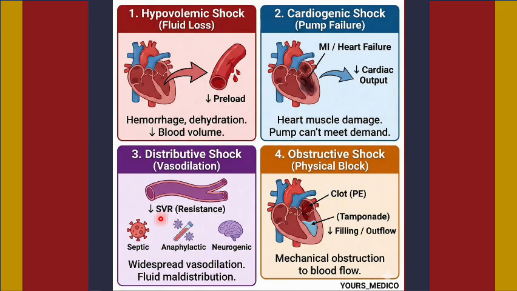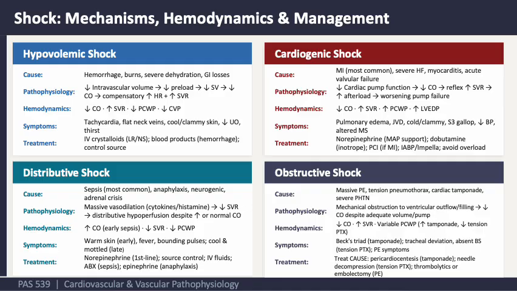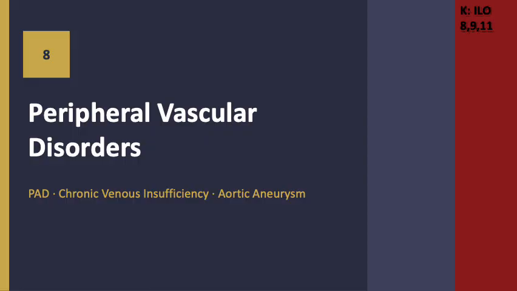You have decreased systemic vascular resistance. This is usually due to sepsis, anaphylaxis, or neurogenic. And then you have obstructive, where you actually have something that's blocking. You see you have a clot there, you may have tamponade there. So there's a mechanical obstruction. And this is just a summary slide that is saying the same thing from the previous two slides.